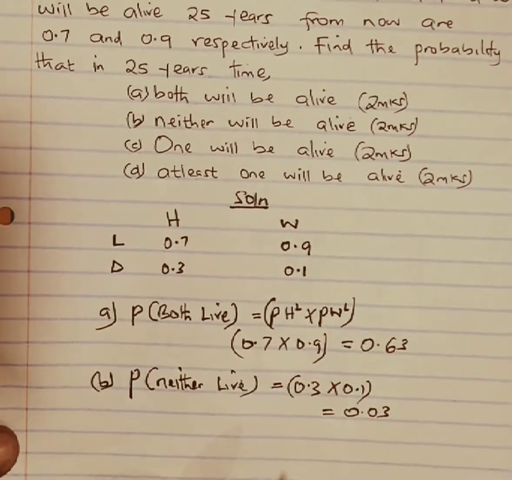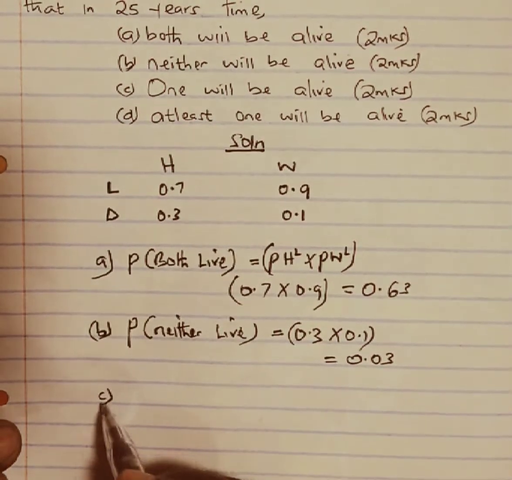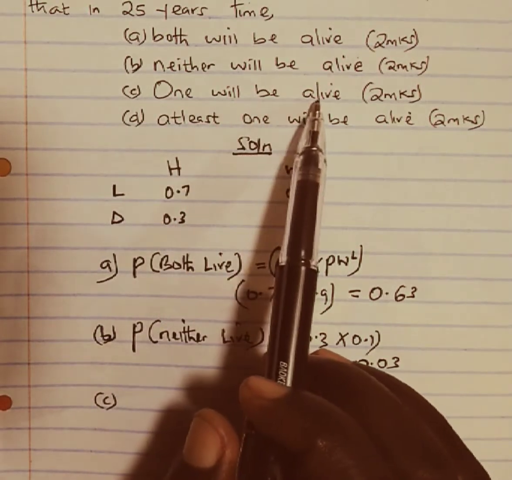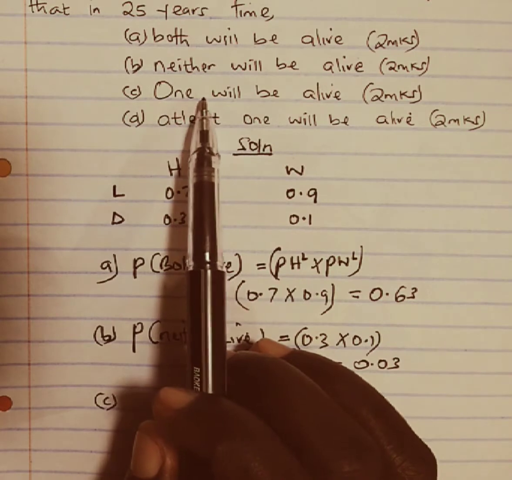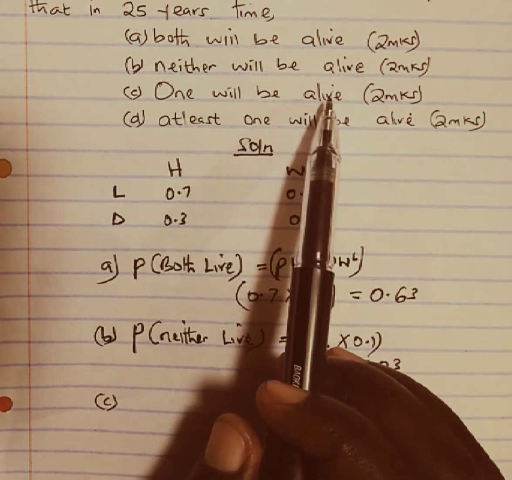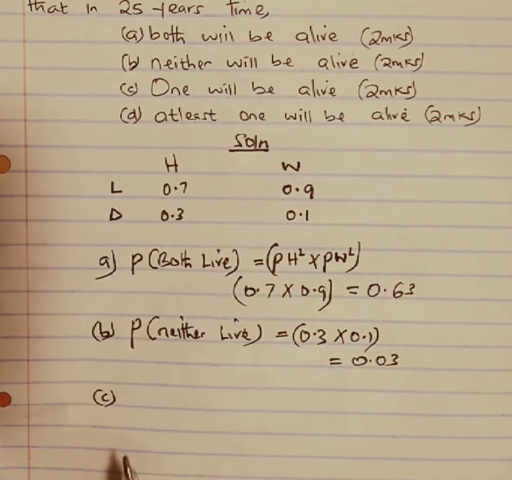We go to part C of the question. One will be alive. So what it means is that if the husband is alive, then the wife will be dead, and if the wife lives, then the husband will be dead.